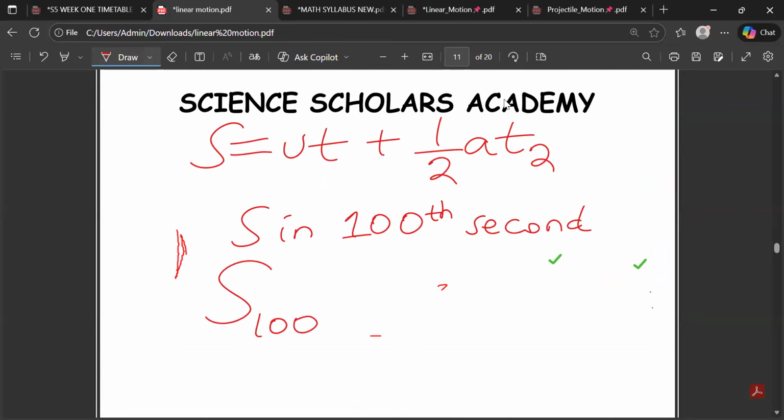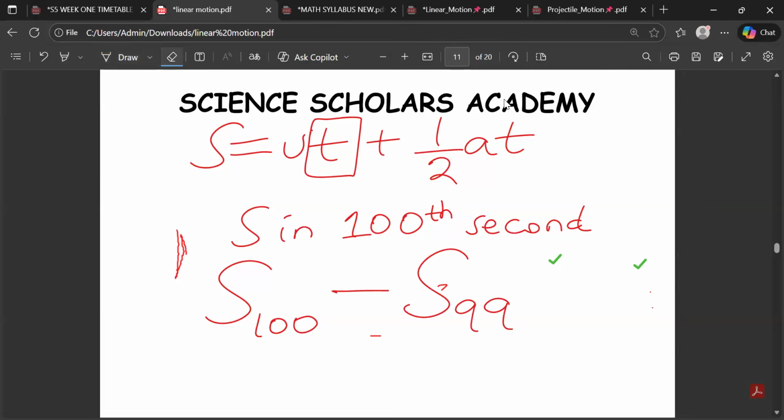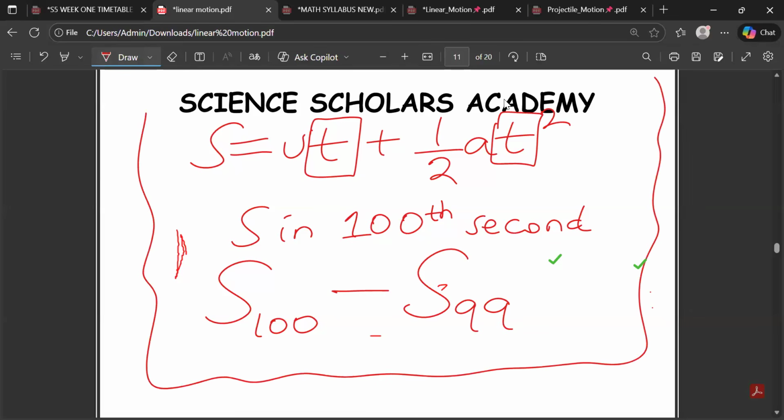How do you get it? By putting 100 here. Then subtract the distance covered in 99 seconds. How do you do that? By putting 99 here. As simple as that. Any questions concerning these things of anything second?